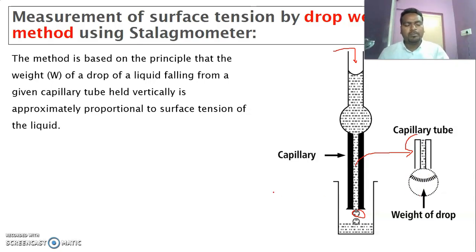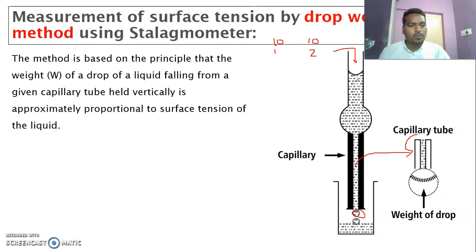The important principle of this experiment: while discussing the factors affecting surface tension, you understood that surface tension depends on the interparticle attraction. If the interparticle attraction is more, the surface tension is more. Now let us imagine two liquids, liquid 1 and liquid 2. Take equal volumes of the two liquids, that is 10 ml each.